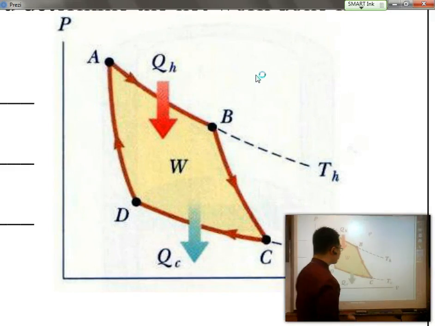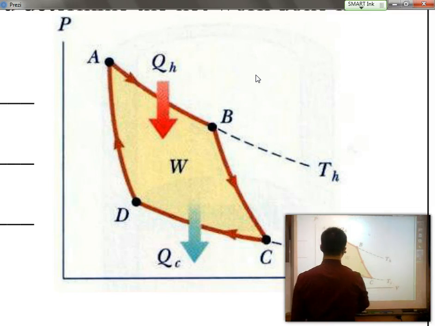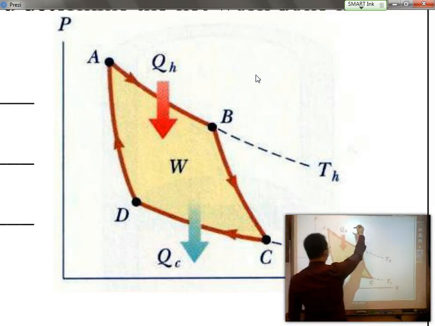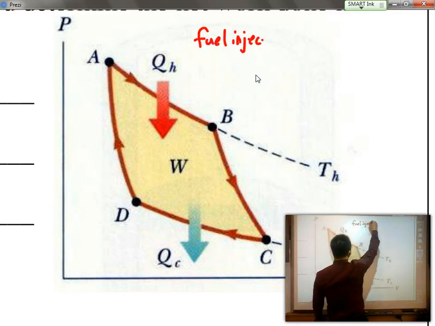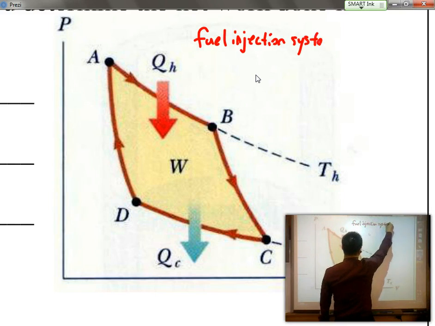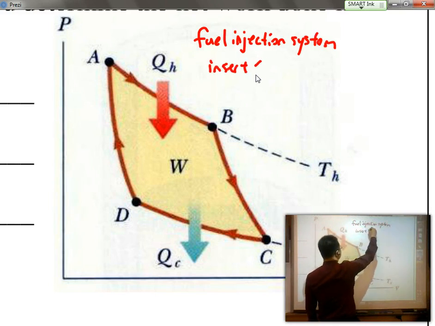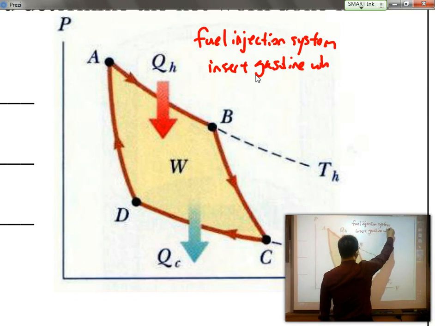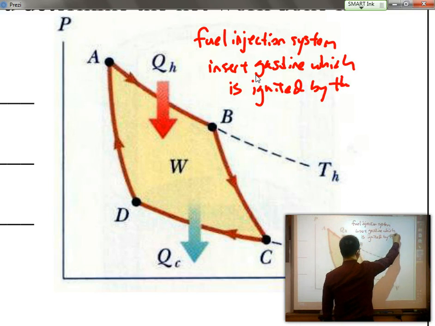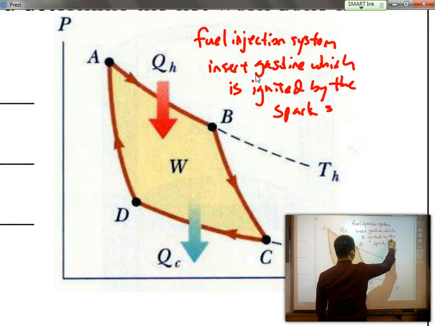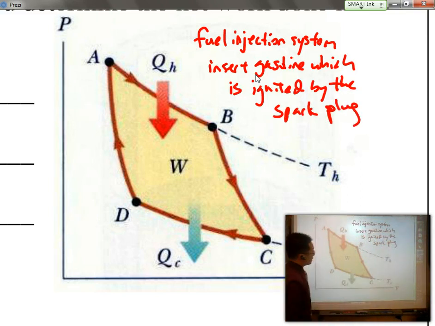Okay, if we were to graph what that engine did on this diagram over here, okay, so initially from A to B, we have the fuel injection system insert gasoline, which is ignited by the spark plug, okay, which causes the piston to expand outward.